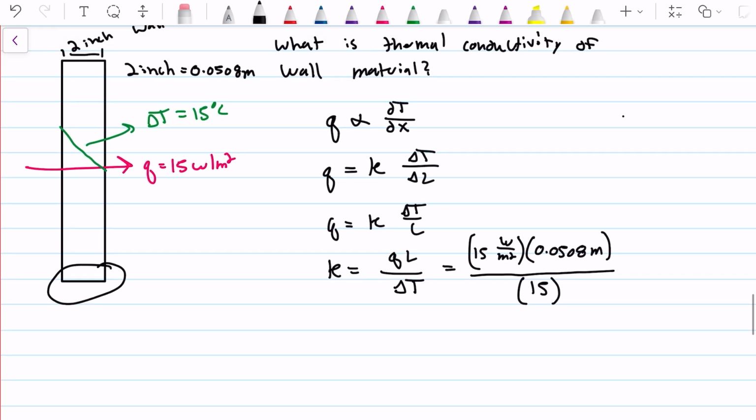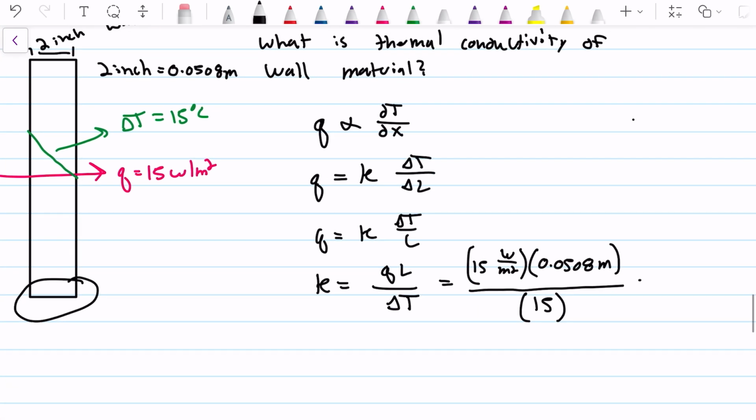Okay, and so now I don't have a calculator, but I have a phone. Let's see what our result is. 15 divided by 15. You don't even need a calculator.